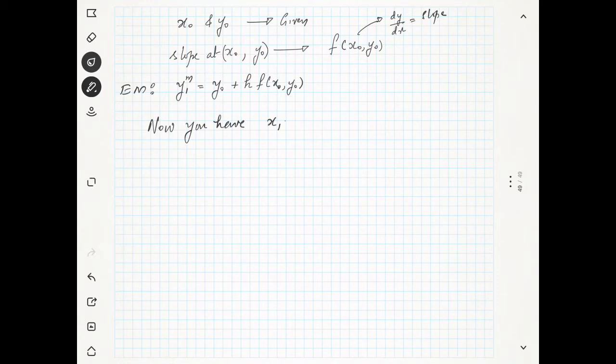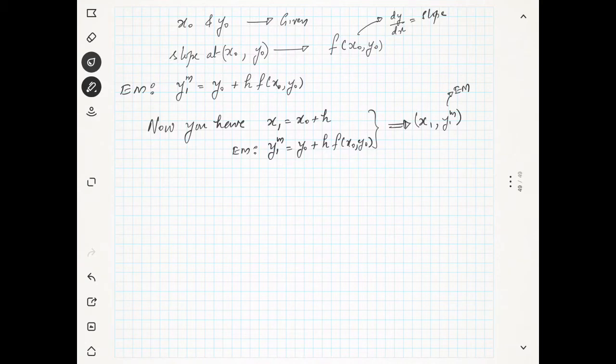What is x1? x1 is equal to x naught plus h, and also y1 using Euler's method, which is y1 of m, which is nothing but y naught plus h into f of x naught y naught, right? So now you have new points x1 and y1 of m. And y1 of m is obtained by using Euler's method.